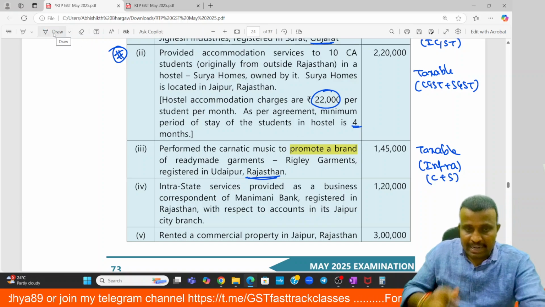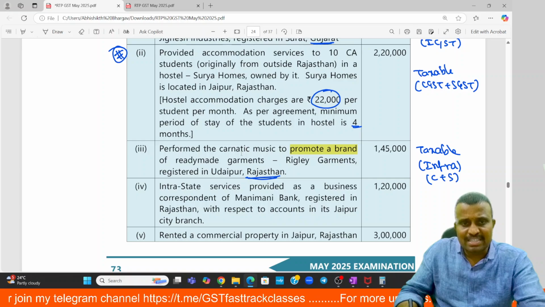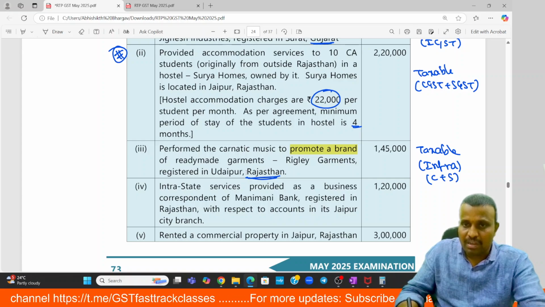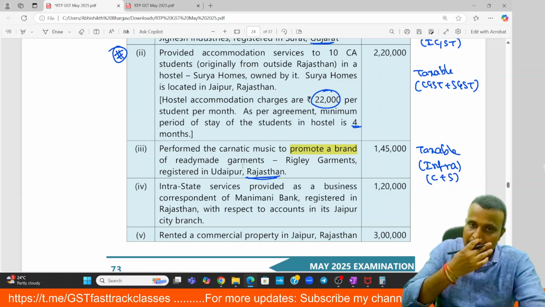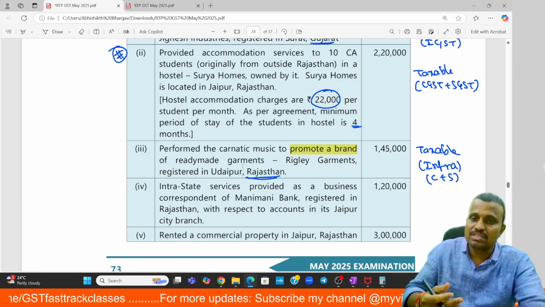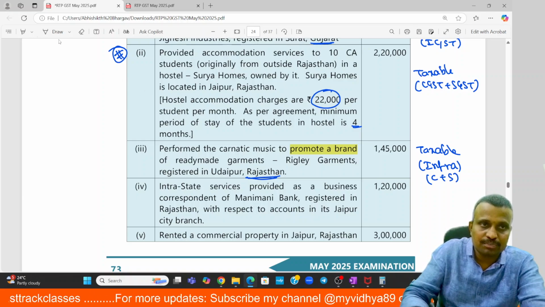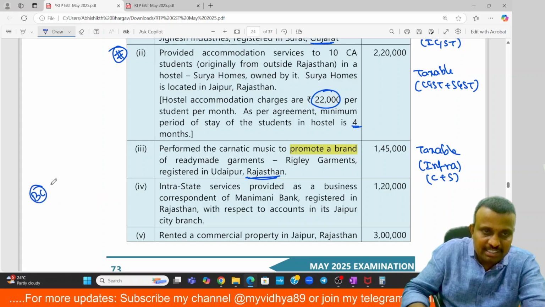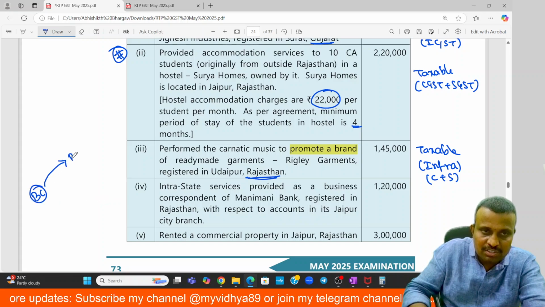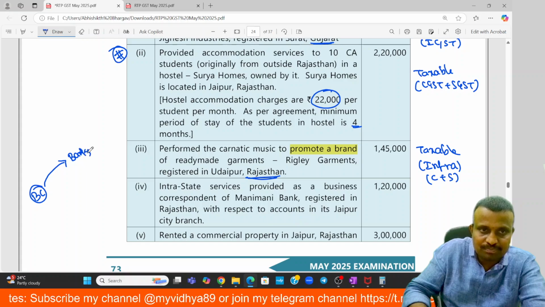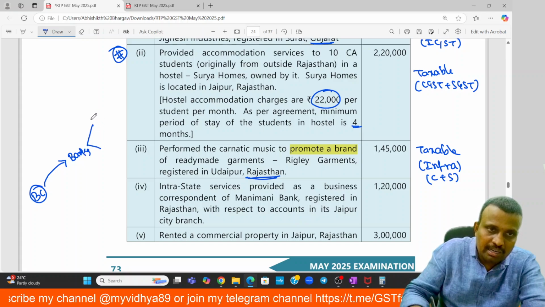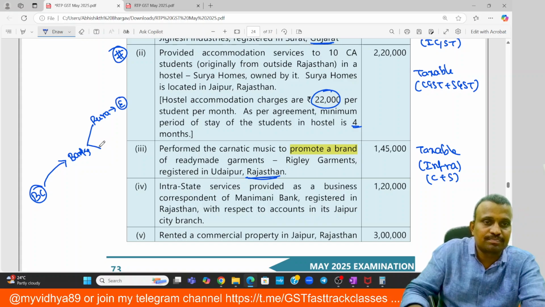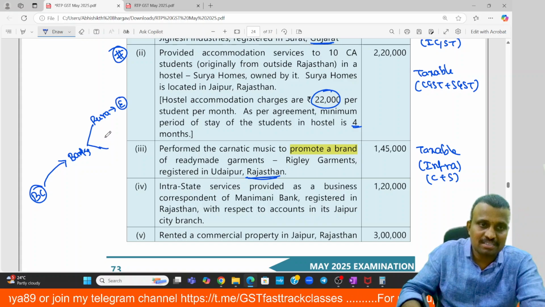Next, intrastate services provided as a business correspondent of Money Bank, registered in Rajasthan, with respect to the accounts in its Jaipur city branch. Here, the business correspondent provides these services to the banks. In a rural area it is exempted.